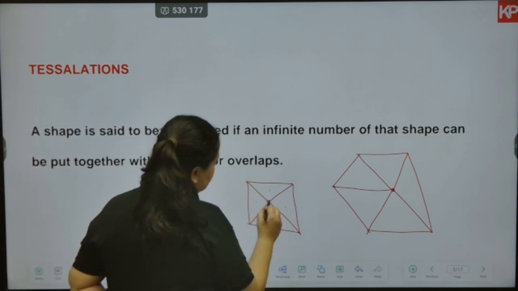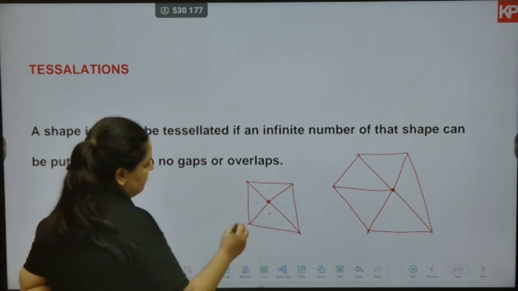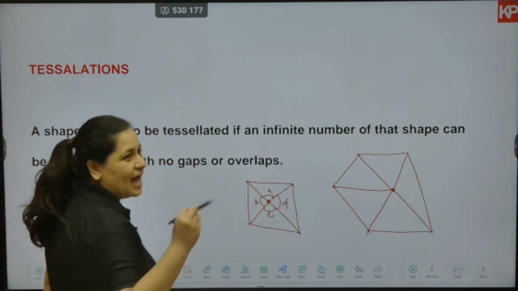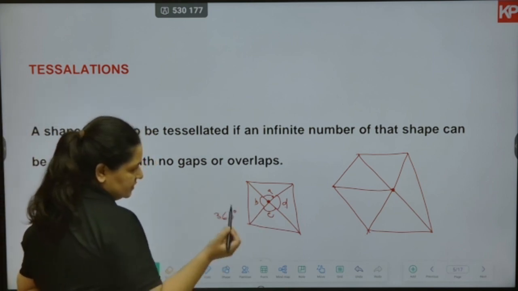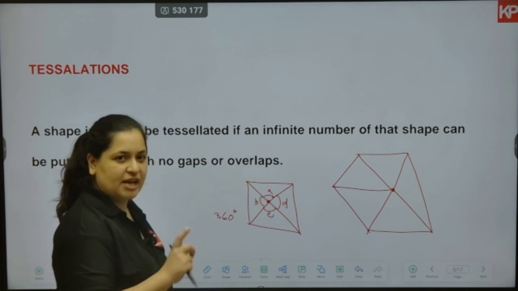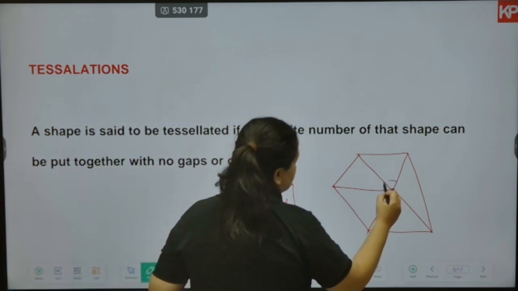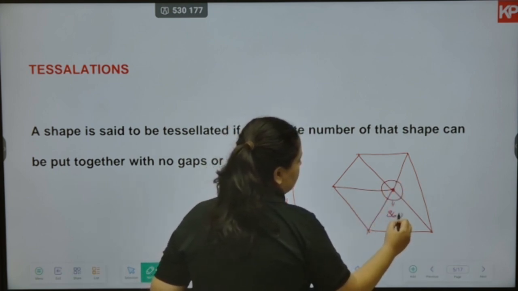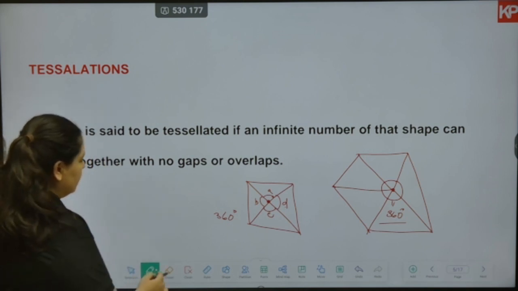Now let's check what is happening at this particular vertex. We can see that angle A, angle B, angle C and angle D will add up to be equal to 360 degrees. Similarly, these are not similar shapes that we have tessellated but different triangles. Even in this case, if we add all these angles, it is going to be equal to 360 degrees and hence we can be so sure that it is going to tessellate.